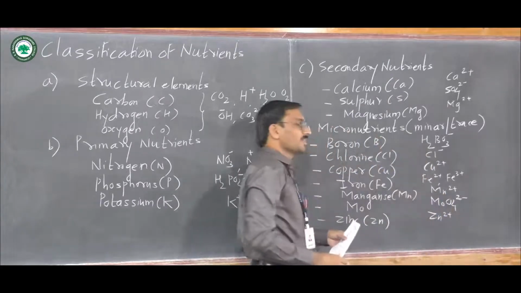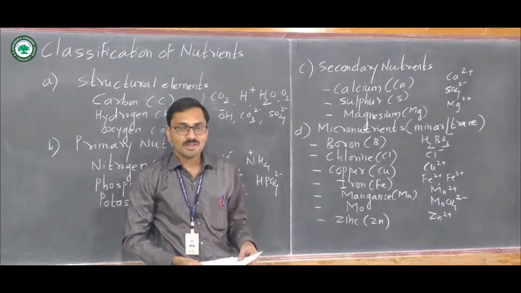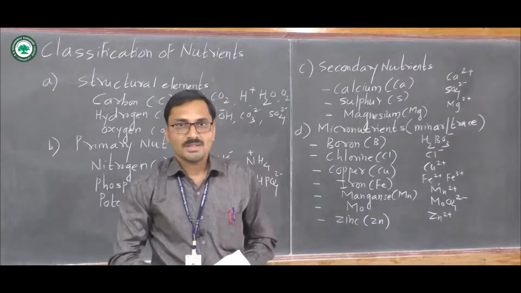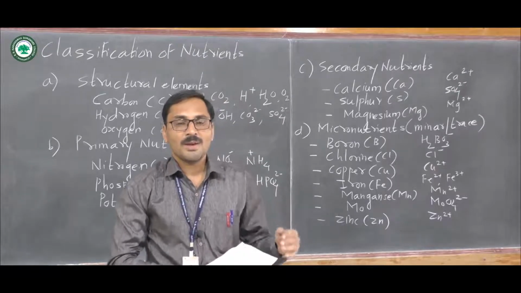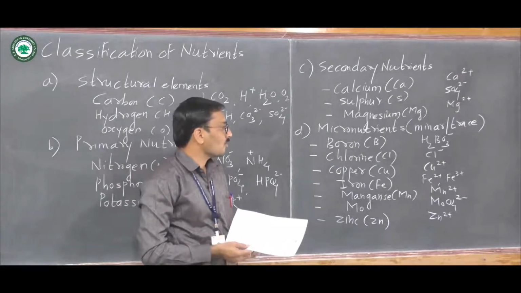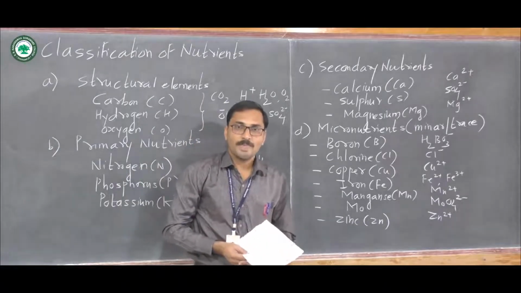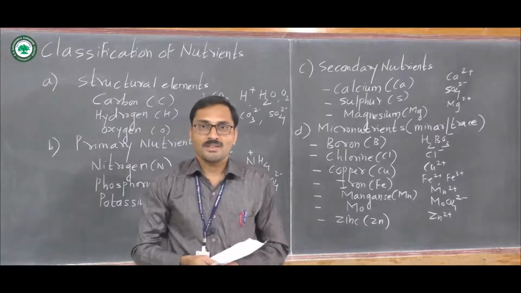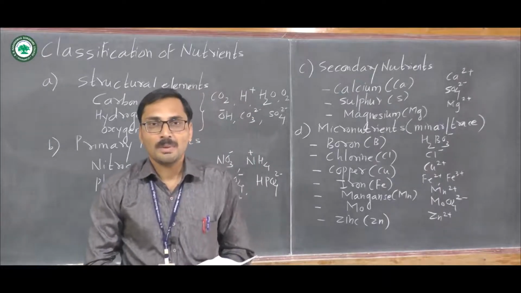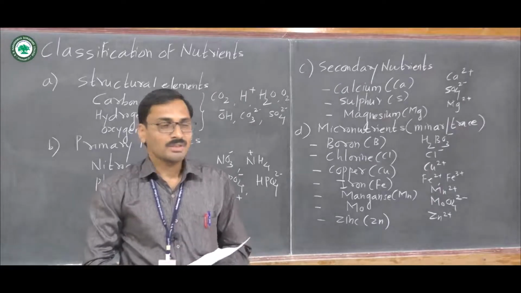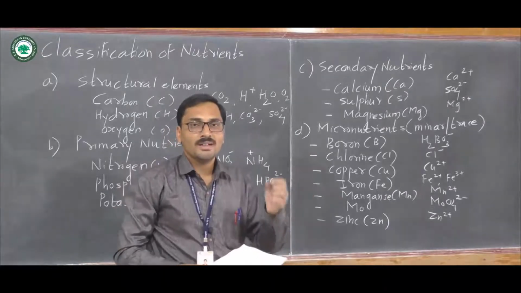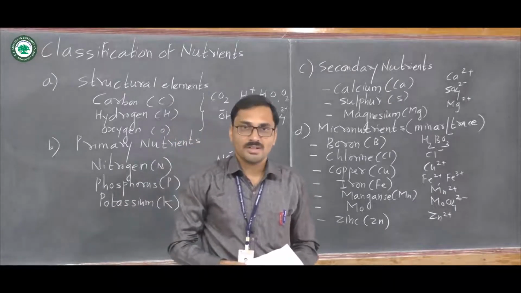So this is the general classification of nutrients. Structural elements, primary nutrients and secondary nutrients belong to the macronutrients, and the last type is micronutrients. Basically, structural elements, primary nutrients and secondary nutrients are required by the plant in large amounts, and micronutrients are required by the plant in trace amounts, in small quantity.